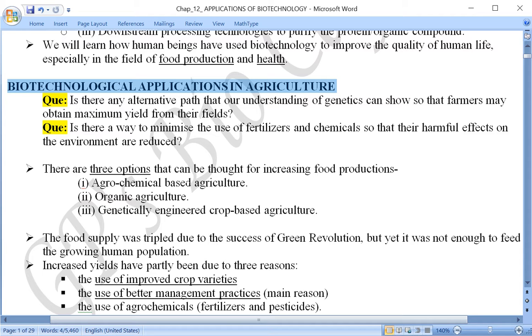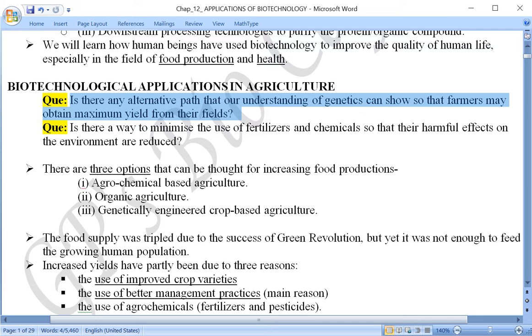Two main questions we are going to answer after understanding this topic of the application of biotechnology in the field of agriculture. One: is there any alternative path that our understanding of genetics can show so that the farmers may obtain maximum yield from their fields?